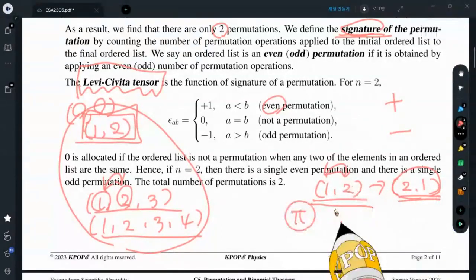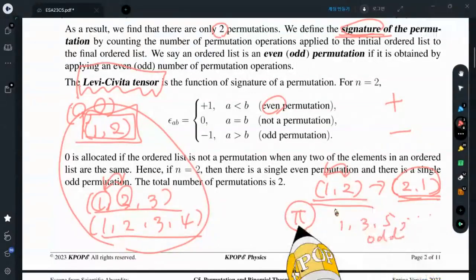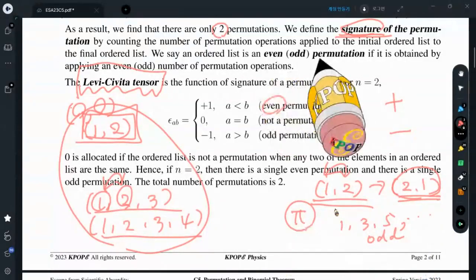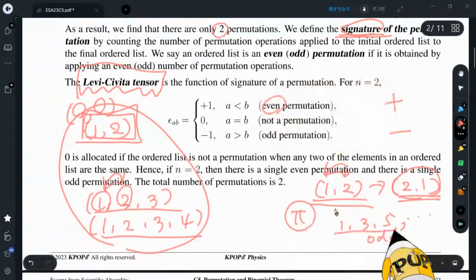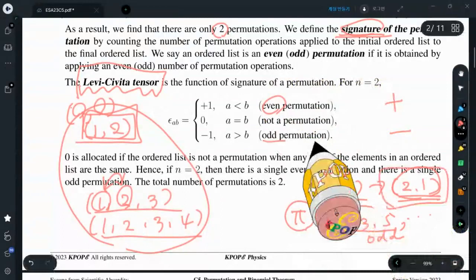Once is 1, 3, 5. These are odd numbers. Applying permutation an odd number of times, you will get an odd permutation.